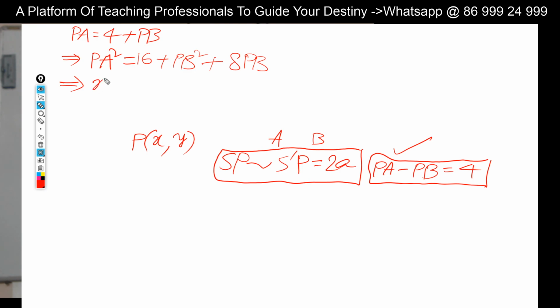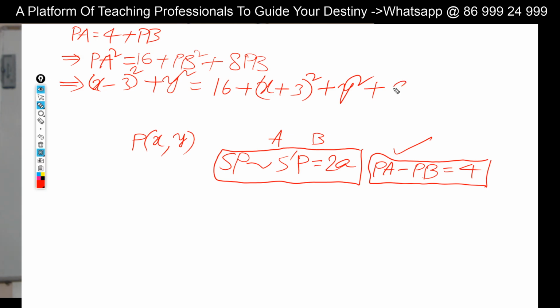PA square: x minus 3 whole square plus y minus 0 whole square, that is y square, is equal to 16 plus x plus 3 whole square plus y square plus 8 PB.